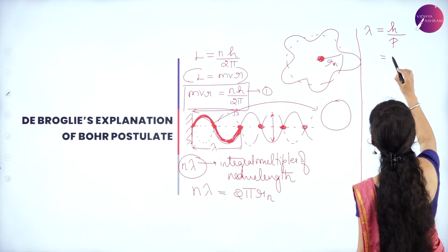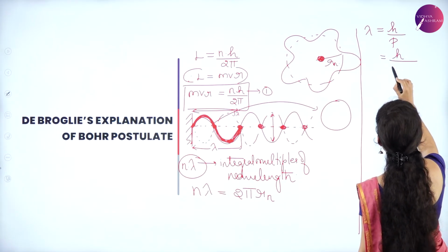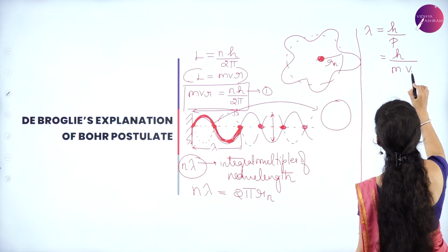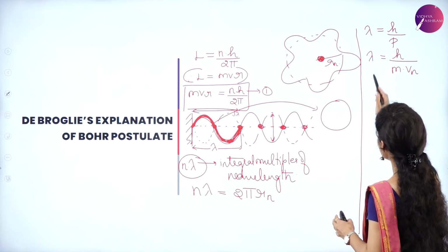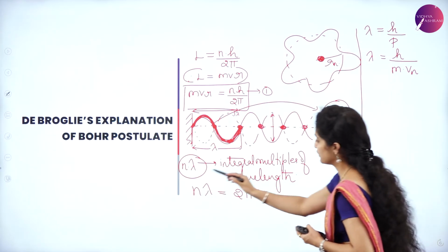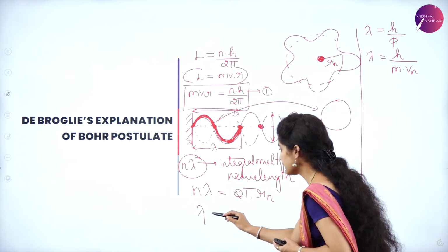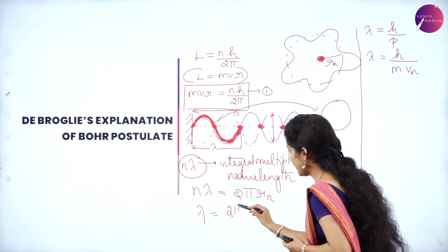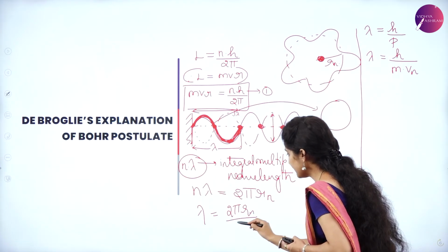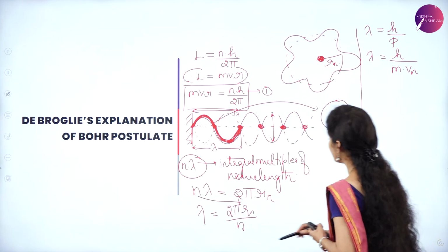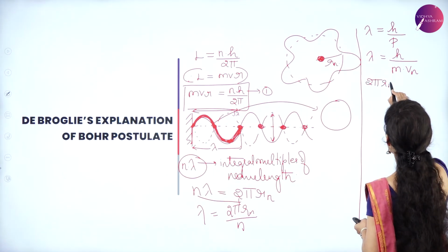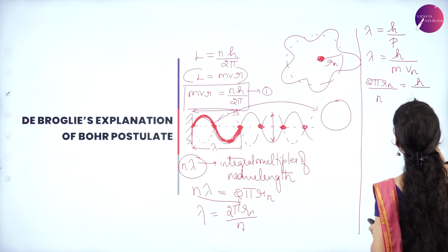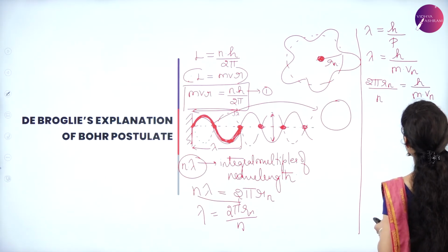So momentum is given as h divided by m into v subscript n, which is said to be lambda. And what is lambda? We have this equation where lambda is equal to 2 pi r subscript n divided by n, where this n comes to the denominator. So 2 pi r subscript n divided by n is equal to h divided by m into v subscript n.